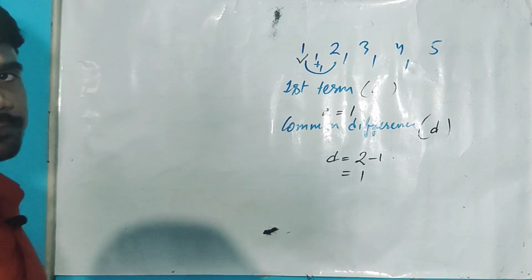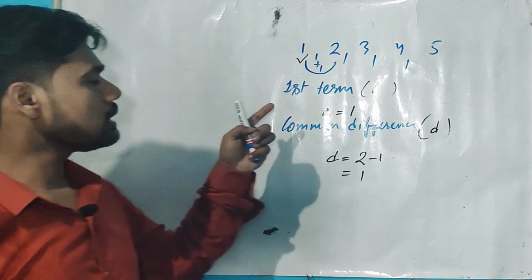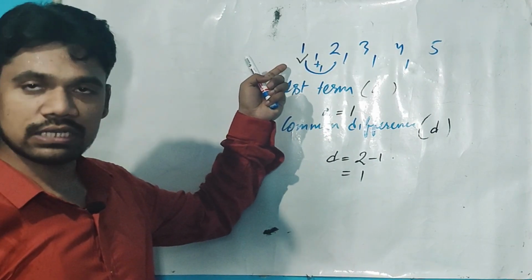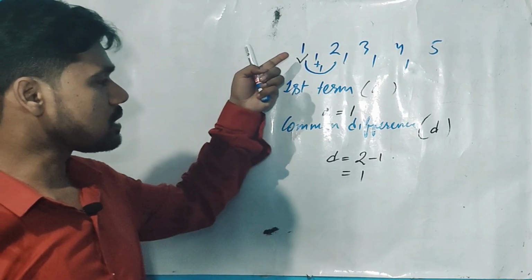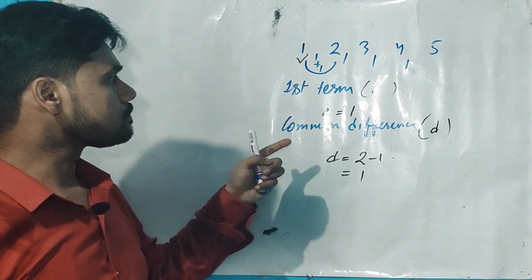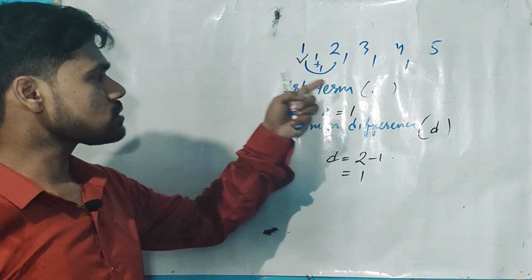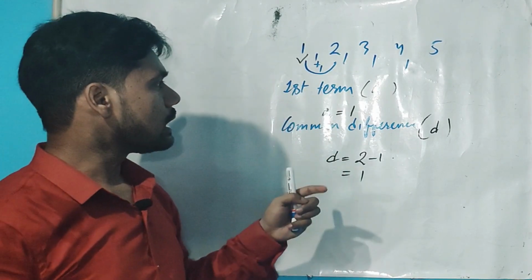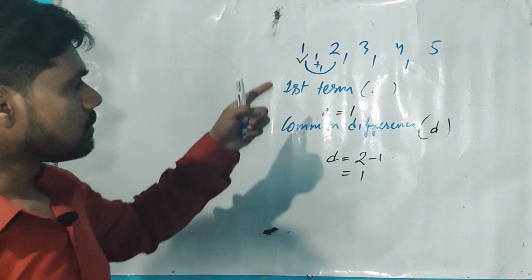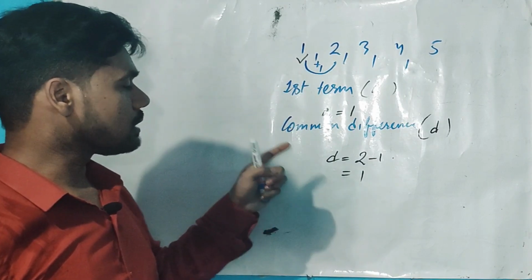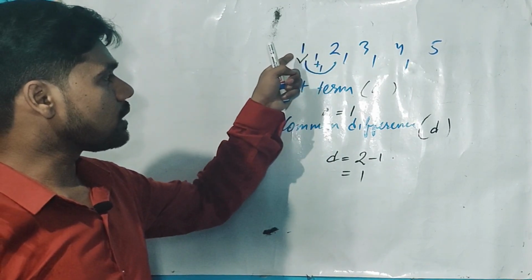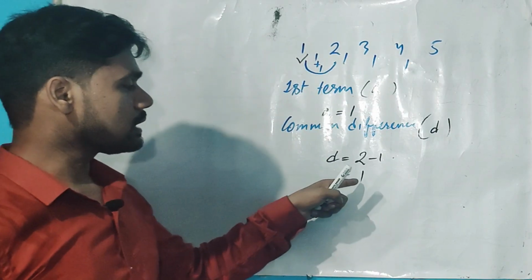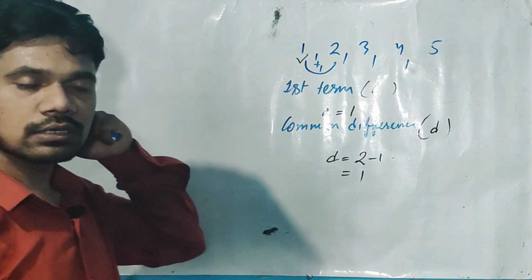So D is also 1. How do we calculate A? A is always the first number, the first term. When we find the difference, the first term subtracted from the second term, we get the difference 1.